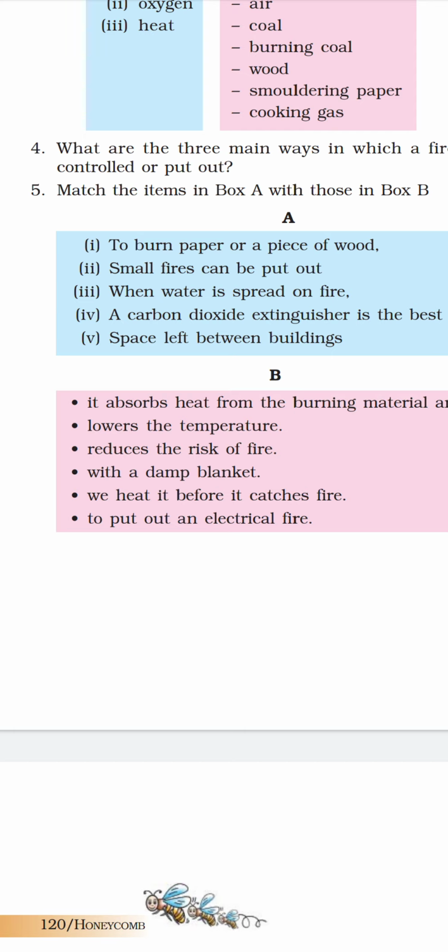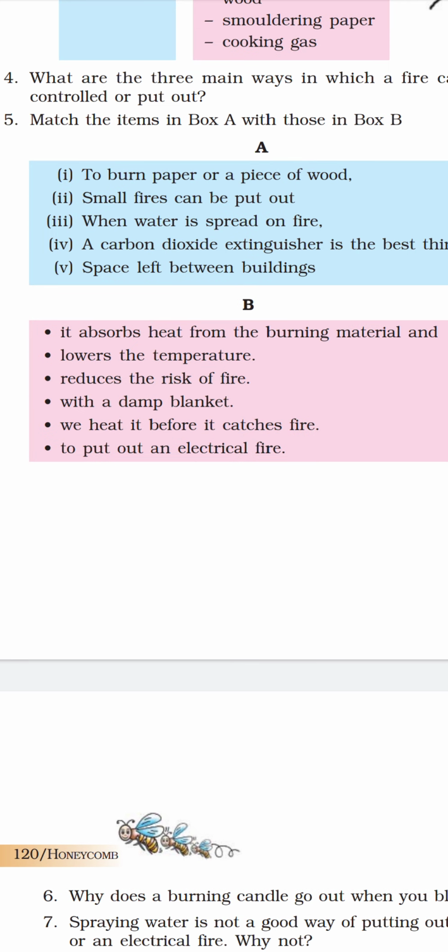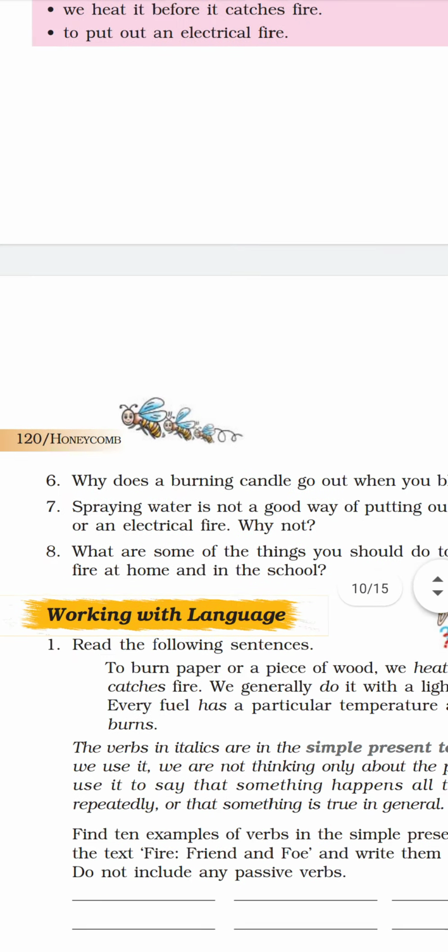The third one is when water is spread on fire, it absorbs heat from the burning material and lowers the temperature. The next one is a carbon dioxide extinguisher is the best thing to put out an electrical fire. And the fifth one is space left between buildings reduces the risk of fire. Now moving on to the next question.